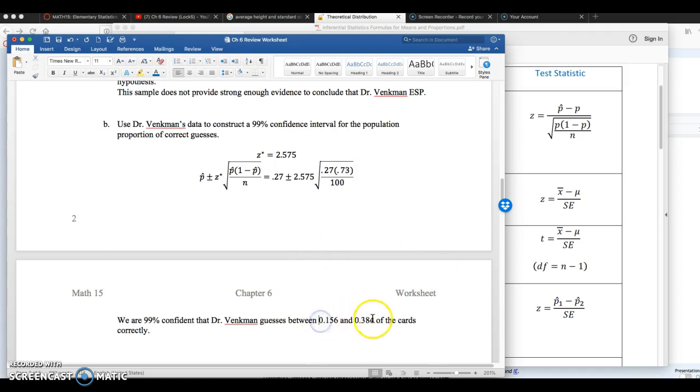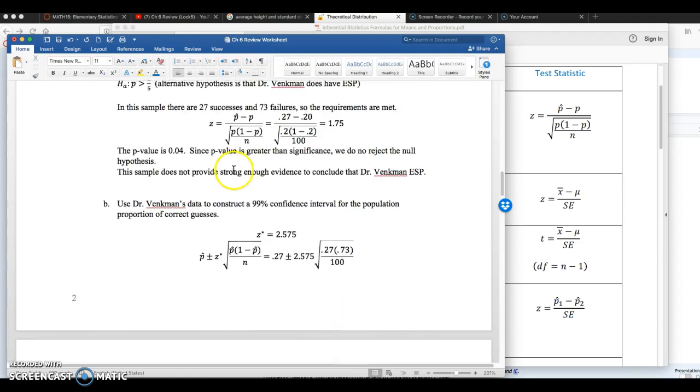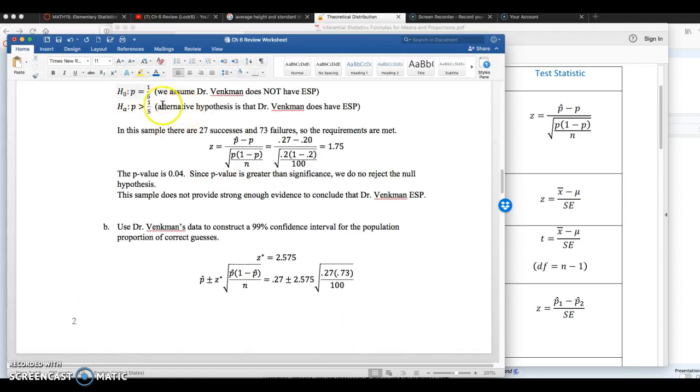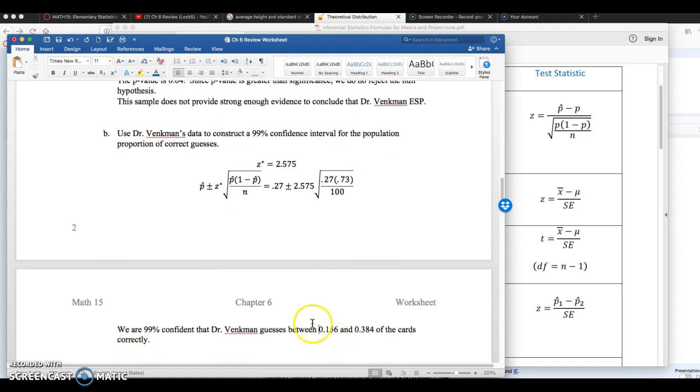So notice we have this confidence interval about 15-16% to 38%, and 20%, the null hypothesis up here, p equals 1/5, 20%, lies in this confidence interval. So once again, the confidence interval and the hypothesis test agree with each other.